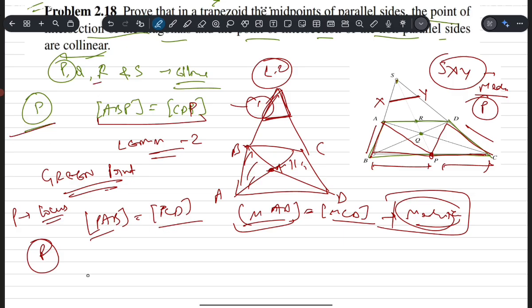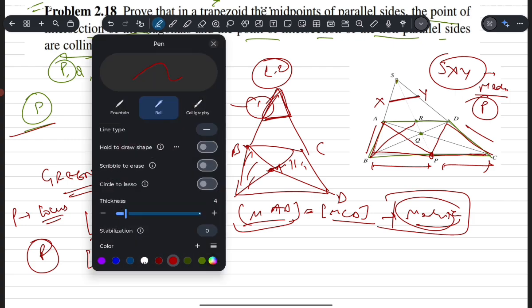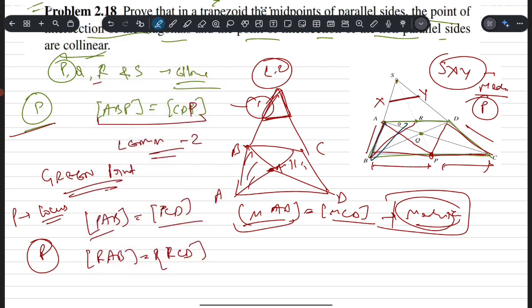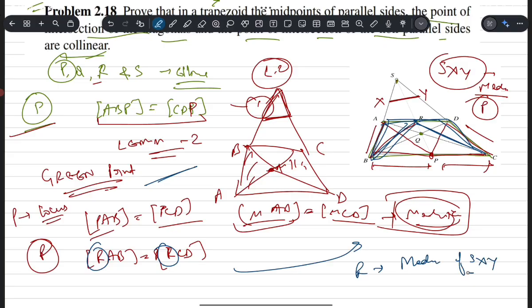If we talk about R, can I say the area RAB equals RCD? Once again, similarly, let me use a different color. So RAB equals RCD, exactly like we did for P. Can I again say R also lies on the same median, same locus of triangle SXY?